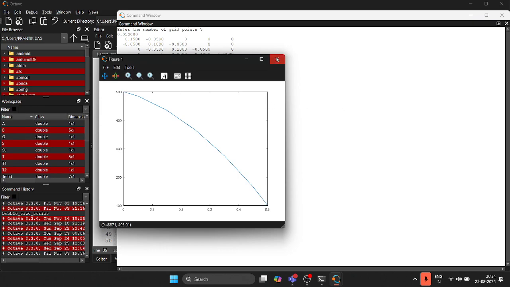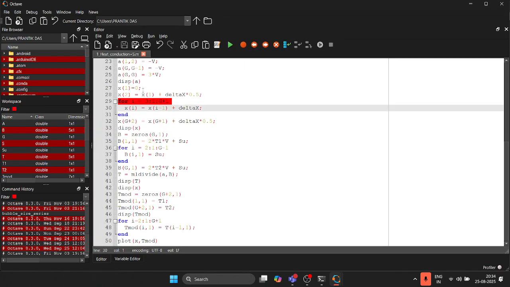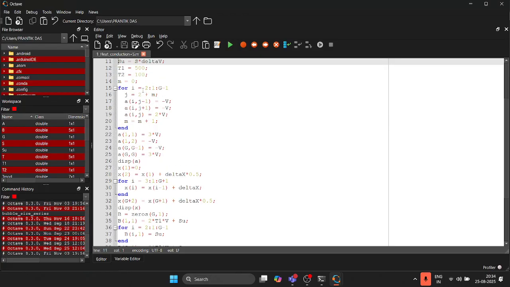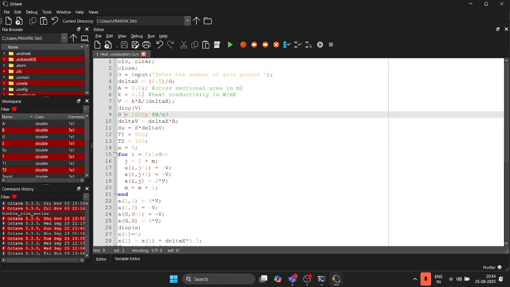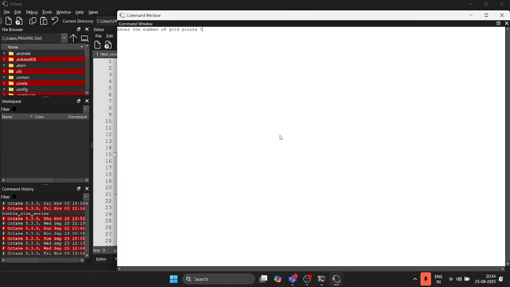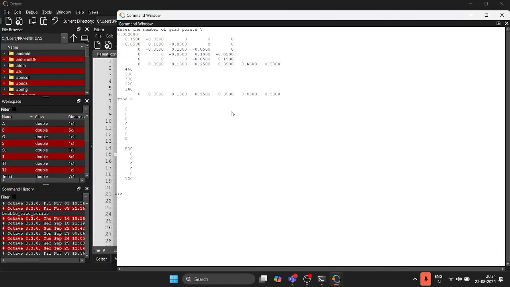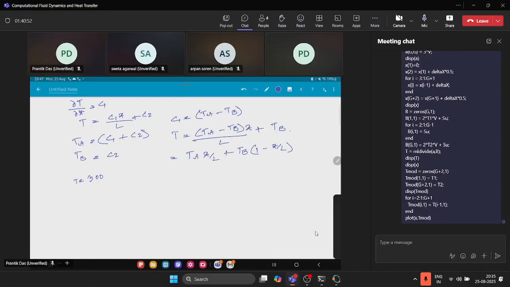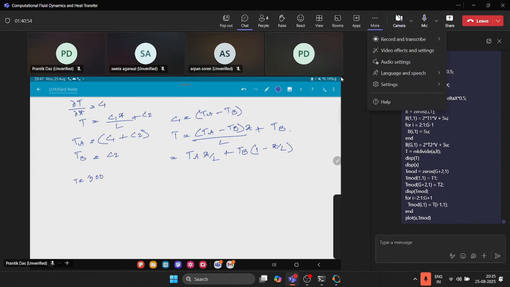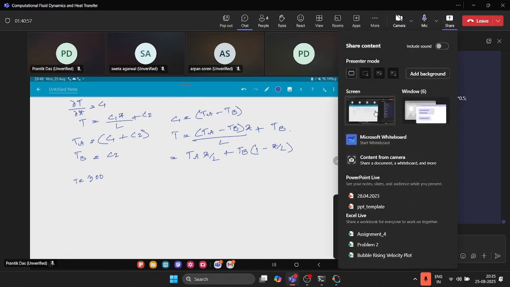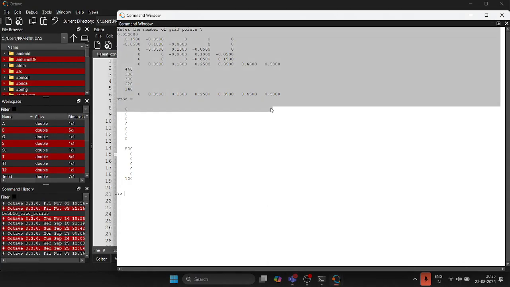So the temperature profile, let me consider the source temperature. So the temperature in the middle actually comes out to be like 300. So this is 300, your temperature at the middle. So if I show you the screen again, for a purely conductive case itself, the temperature in the middle actually comes out to be 300. Can you see my screen?